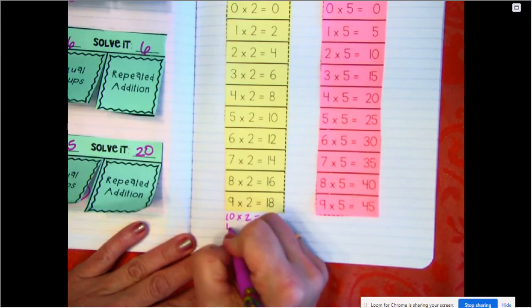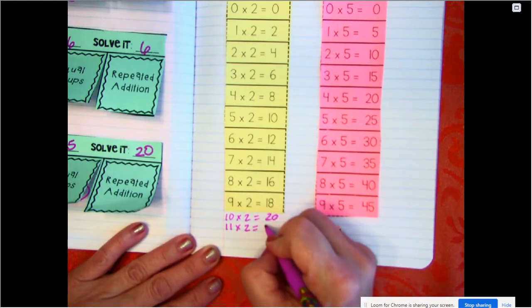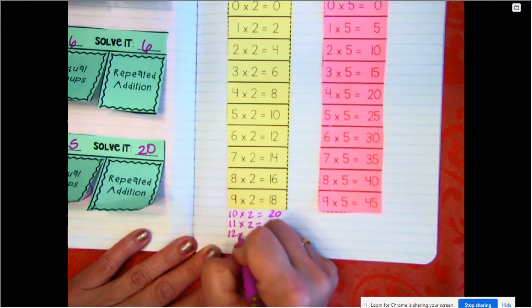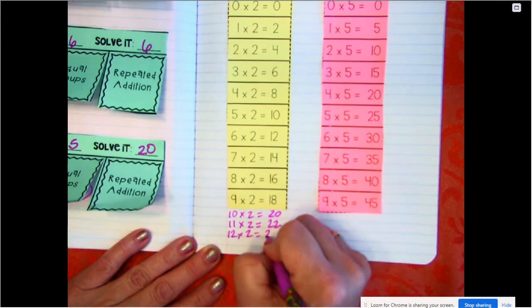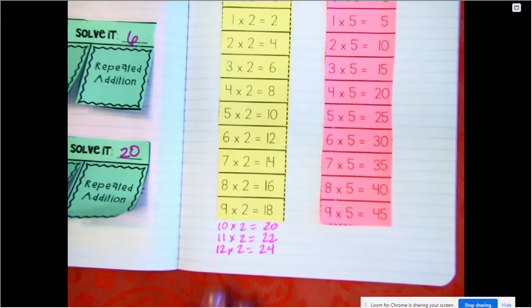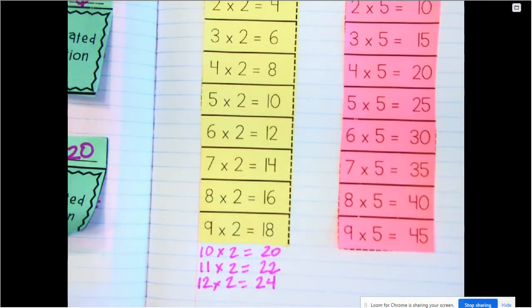We're going to go up to 12. 11 times 2. So what would come after 20? 22. And 12 times 2 is 24. Okay. So you can write that in at the bottom. So make sure you didn't glue it in too close to the bottom. We want to be able to write at the bottom.